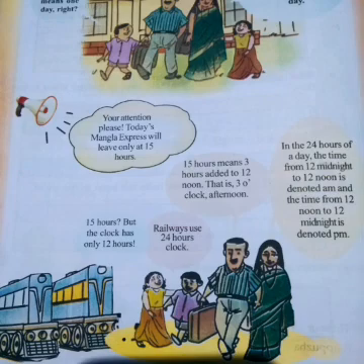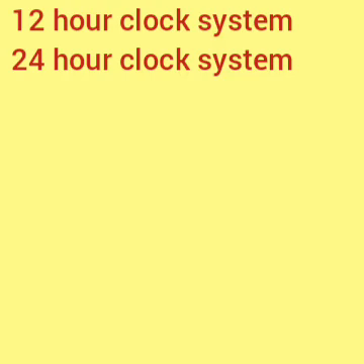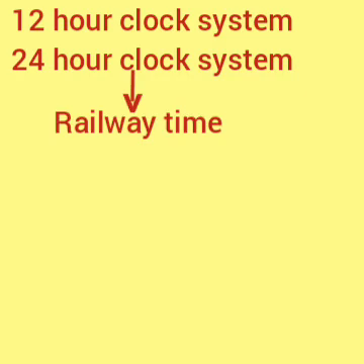Okay, teacher will explain this. Listen here. There are two types of time system: 12-hour clock system and 24-hour clock system. The 24-hour clock system is also known as railway time because railways use the 24-hour clock. We know one day equals 24 hours.